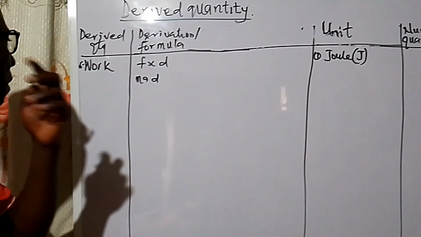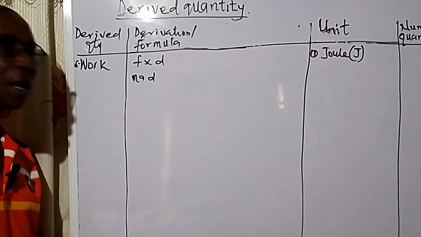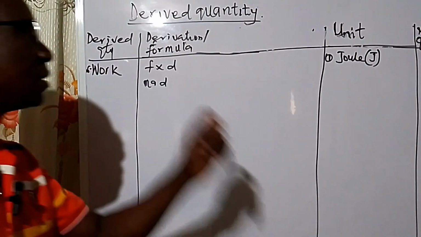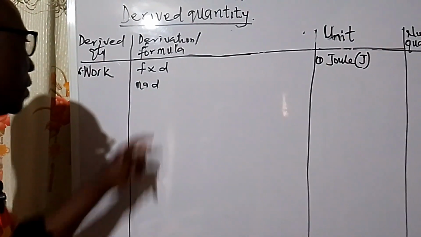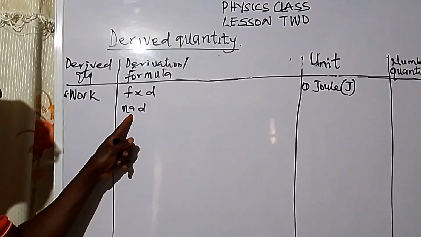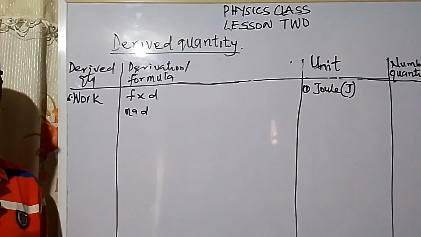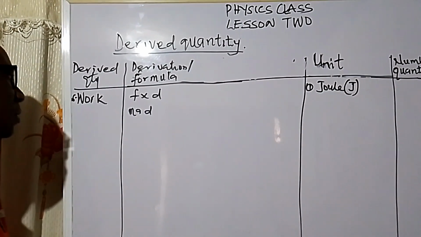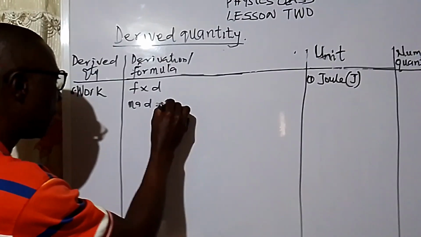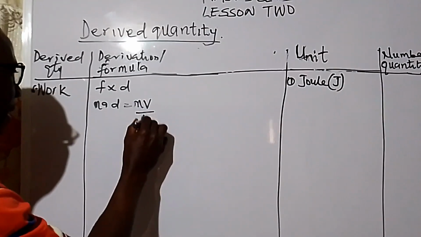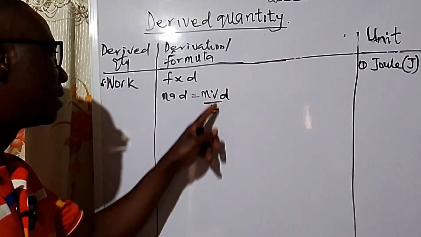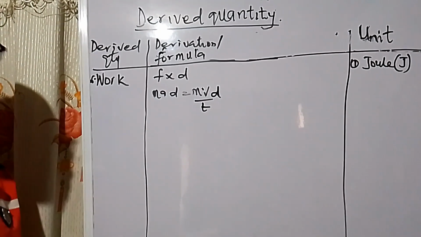Since we are dealing with derived quantities, when you want to get the number of quantities that any derived quantity contains, you need to reduce that derived quantity to its fundamental level. Acceleration is not fundamental, it's a derived quantity. So you need to reduce it further by saying work will be equal to mv over t multiplied by d, because acceleration is velocity over time taken.